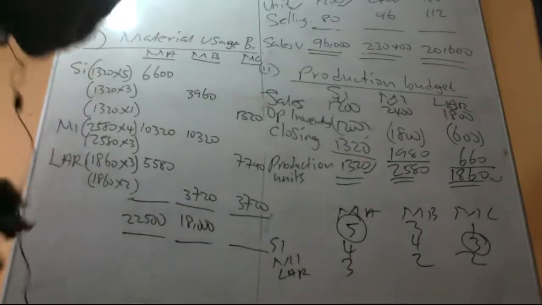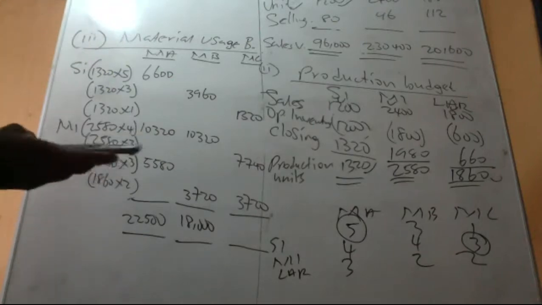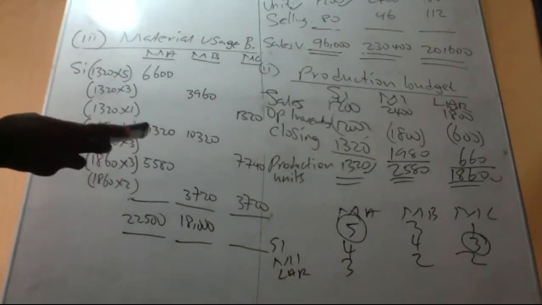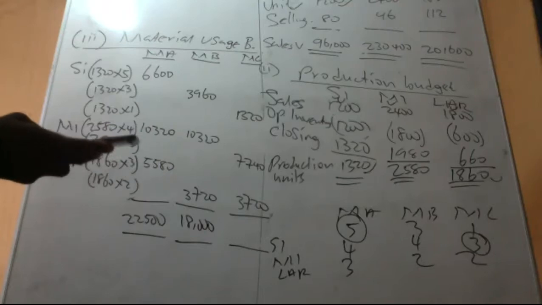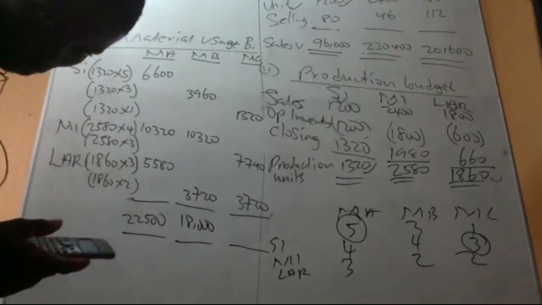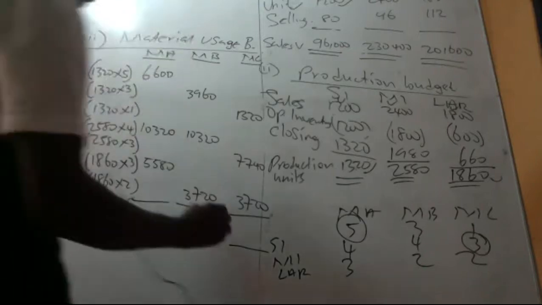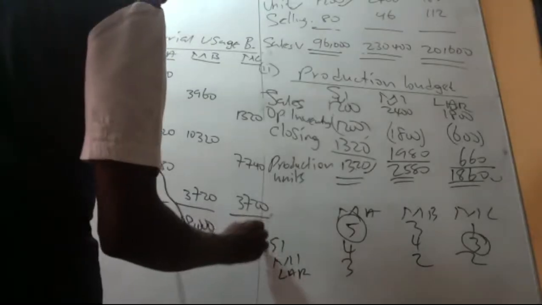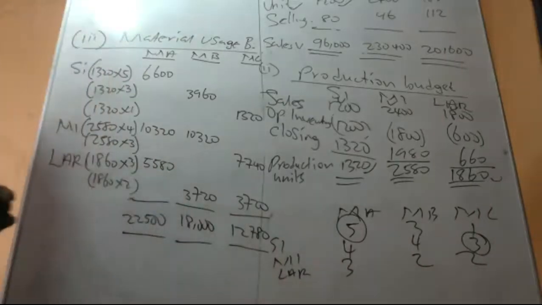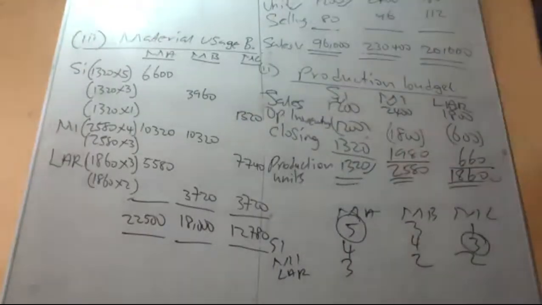That one too will be 1320 plus the rest, giving 12,780. Good. So 12,780.